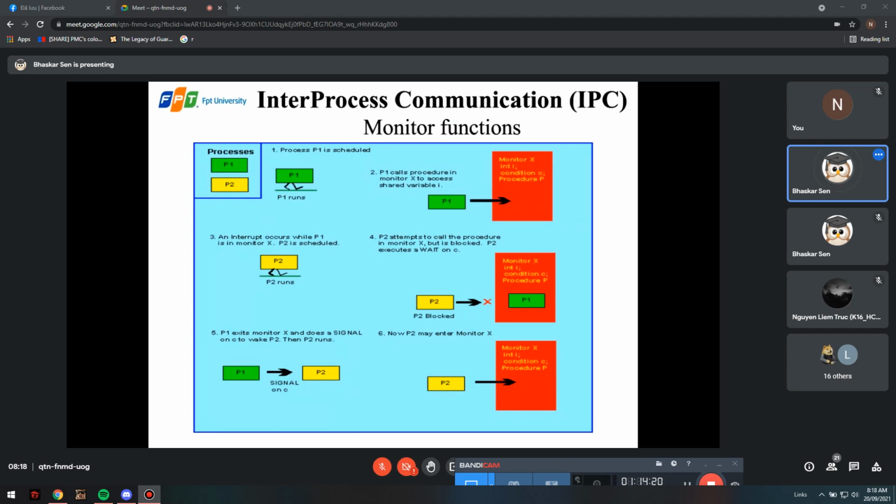The red block is the monitor program. If another process wants to step in, it will check. And as I said, programmatically, it looks very similar to if, else, or in case of Java, try and catch.